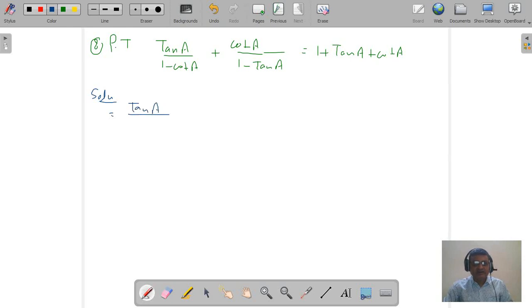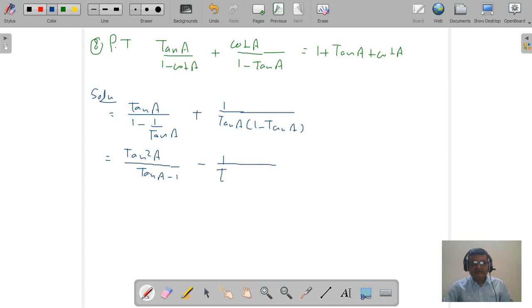tan A. We are converting cot in terms of tan A. Here it is 1 upon tan A, 1 minus tan A. So it is tan square A upon tan A minus 1, and the second term is 1 upon tan A times (1 minus tan A).